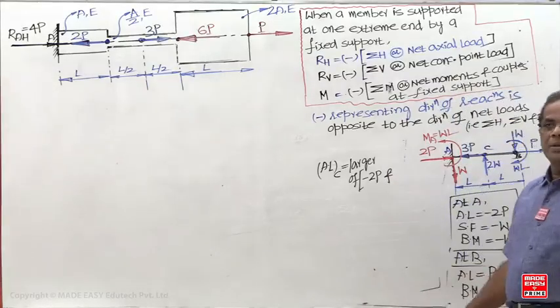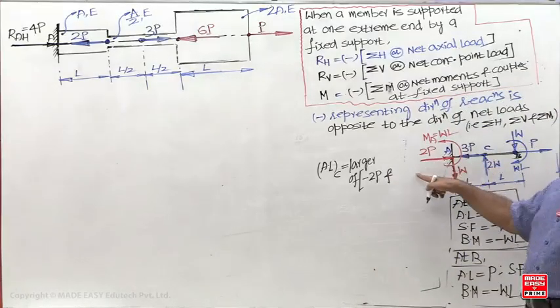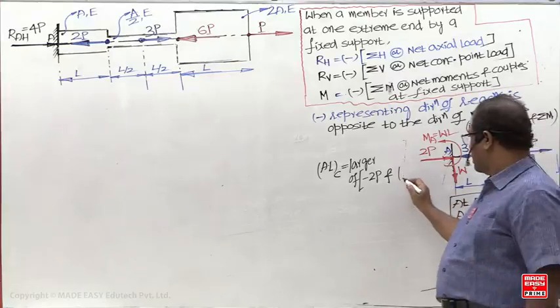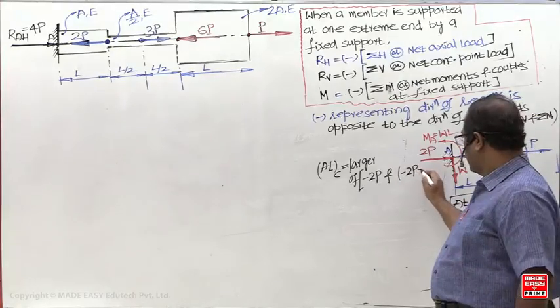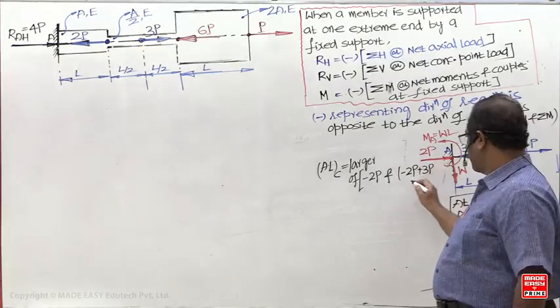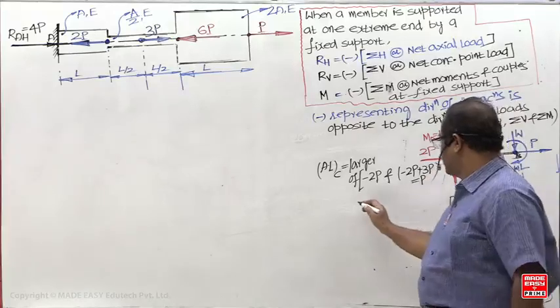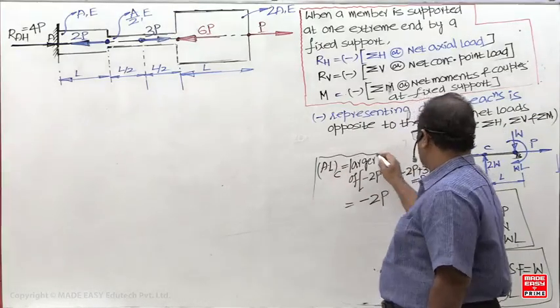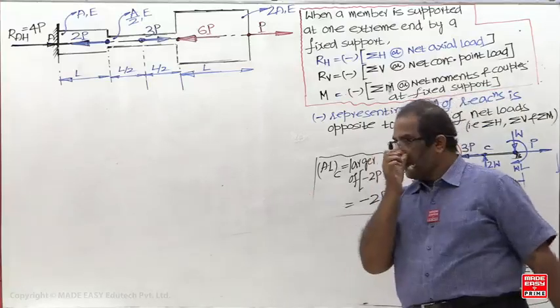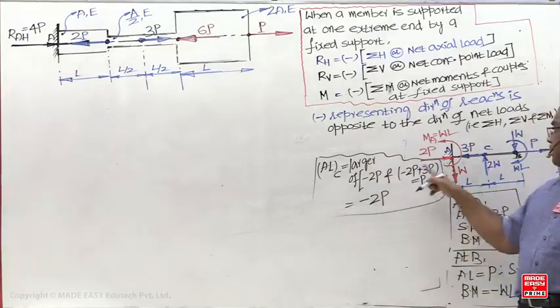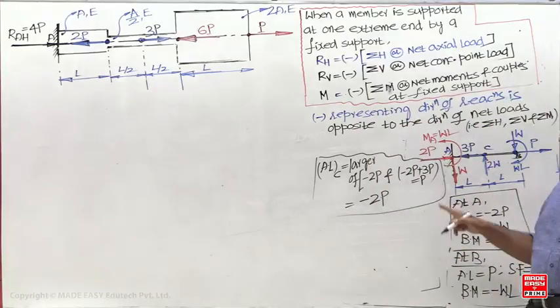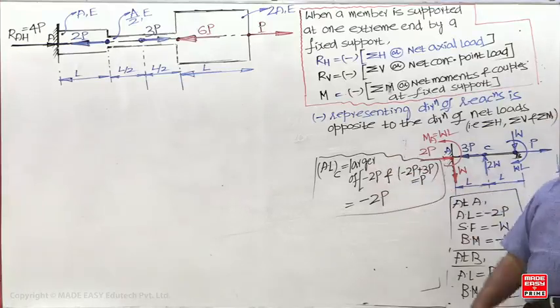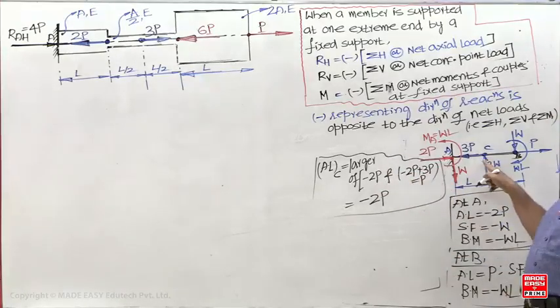Then your previous value minus 2P plus 3P, so plus P. So it will be minus 2P when C belongs to AC. When C belongs to CB, what is the axial load? Now P.